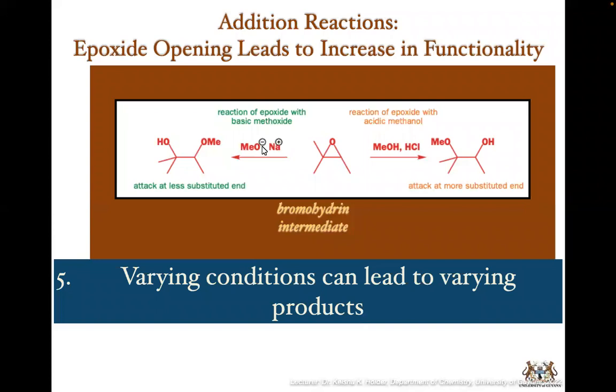So on the left, what we have is an example of the epoxide being subject to SN2 type nucleophiles. In this case, we have sodium methoxide, where the methoxide represents the strong nucleophile, and it will attack at the least hindered position. So here is our epoxide, and we have two options on where the nucleophile can attack.